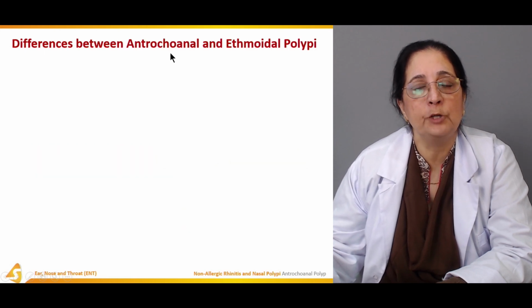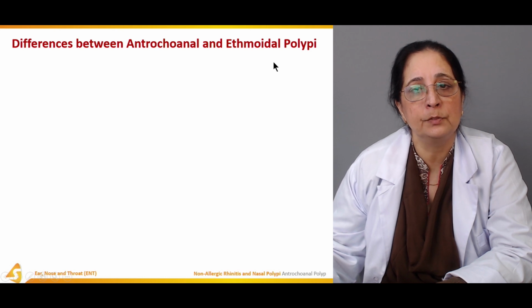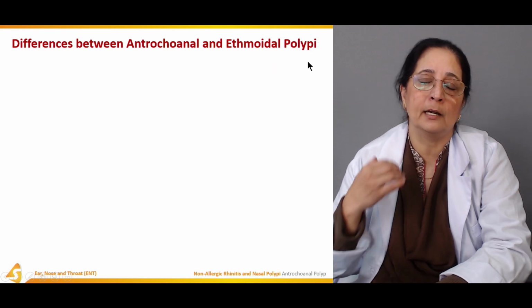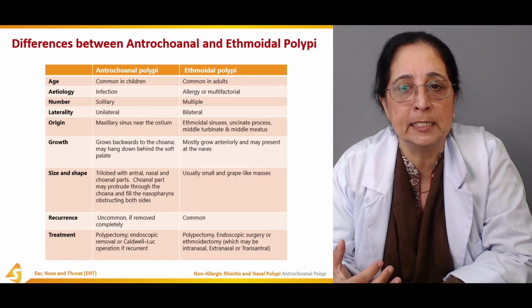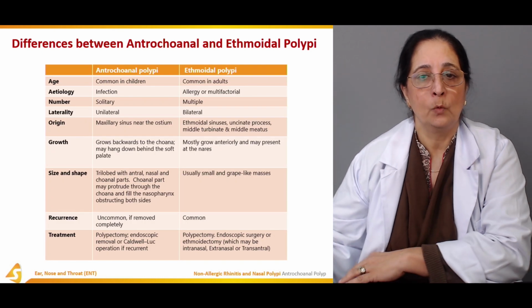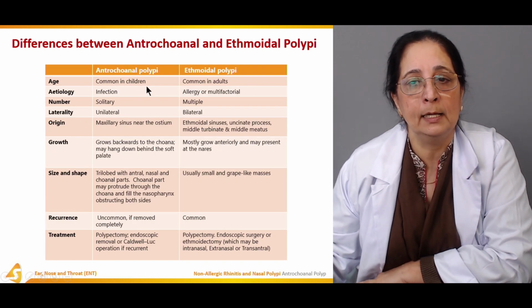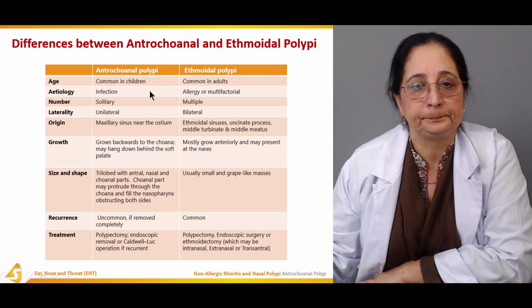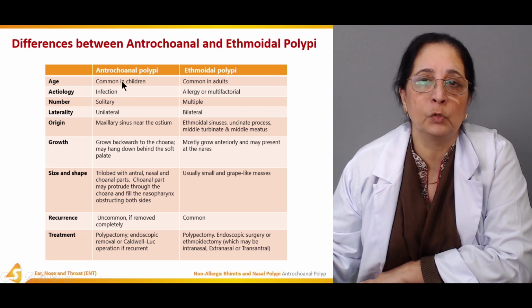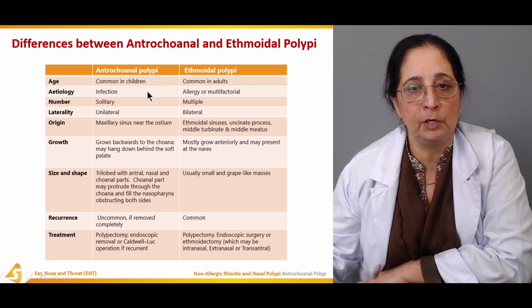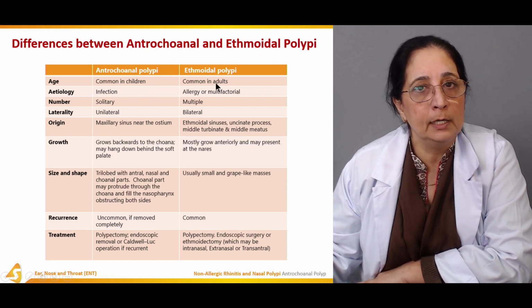Differences between antrochoanal and ethmoidal polyps. There are some very clear differences between the two types. First antrochoanal and then ethmoidal. Age: antrochoanal is common in children, ethmoidal is common in adults.